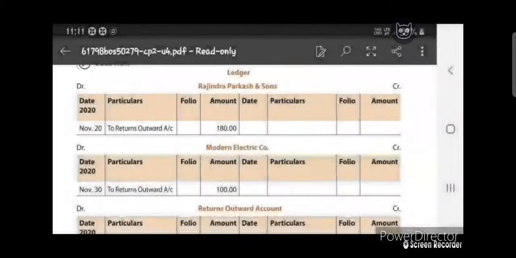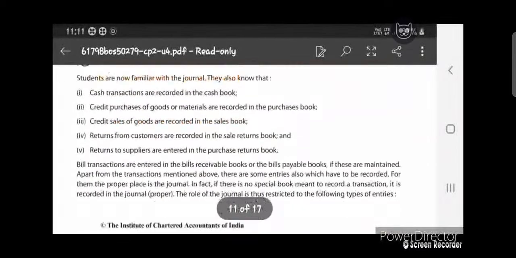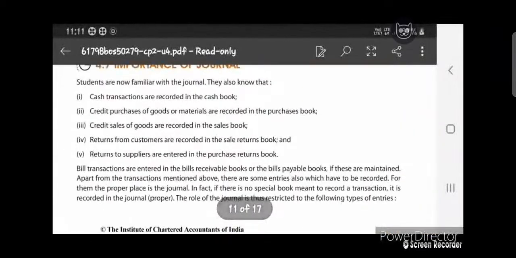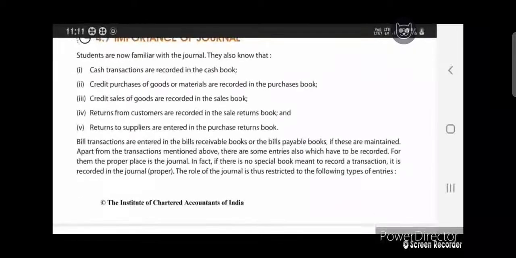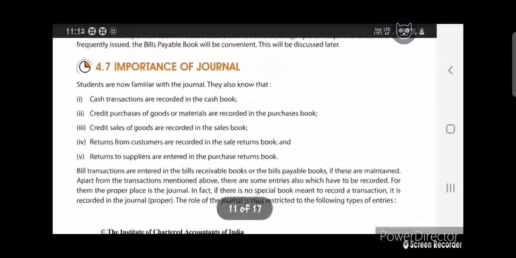So let us go a little bit forward. Bill transactions are entered in the bills receivable books or bills payable books. All the transactions that happen through bills are written in the bills receivable books or bills payable books.